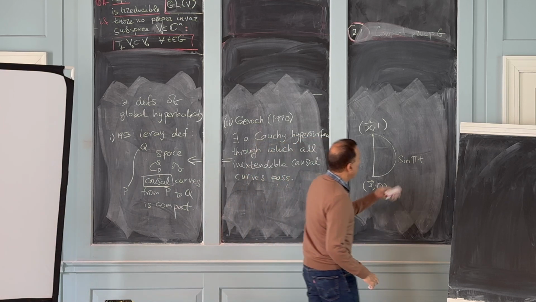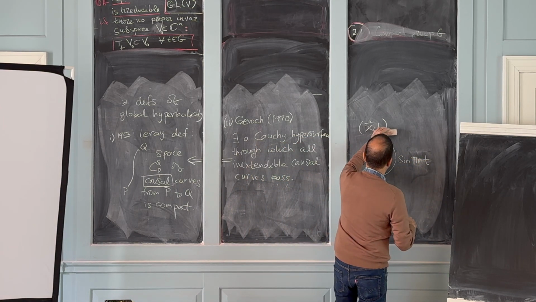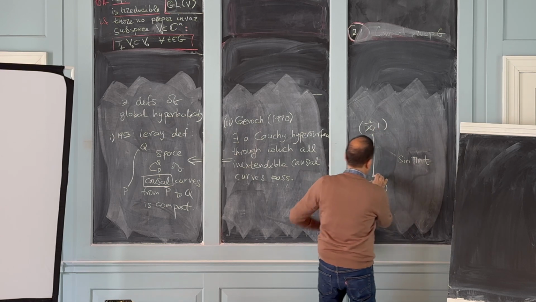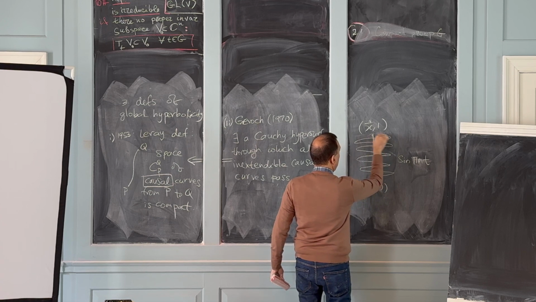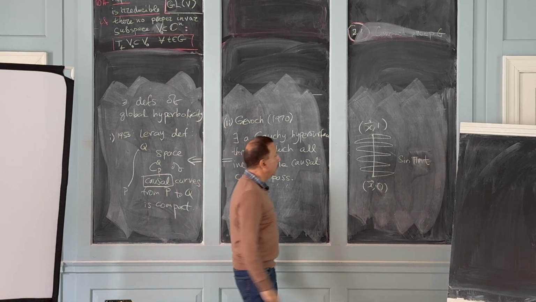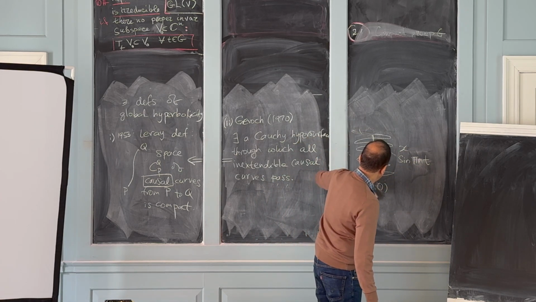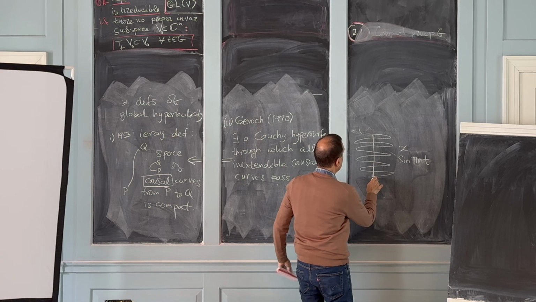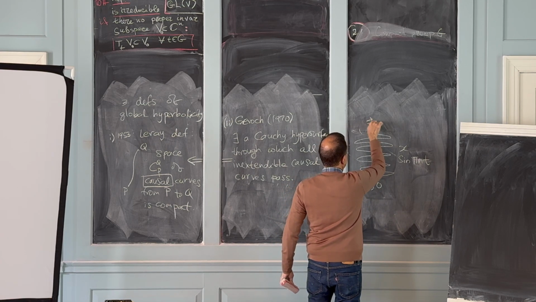Now I can generalize this to sine of pi n t, and I'll get a set of curves which do this. So you agree that this is x equals sine pi n t.